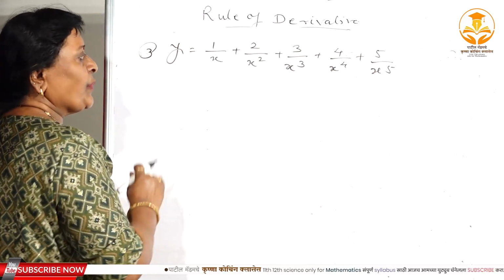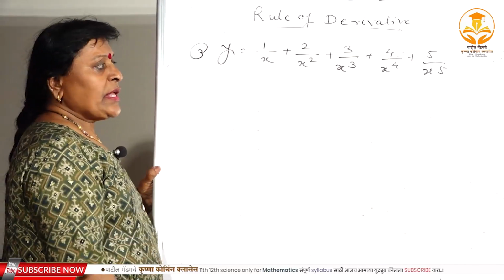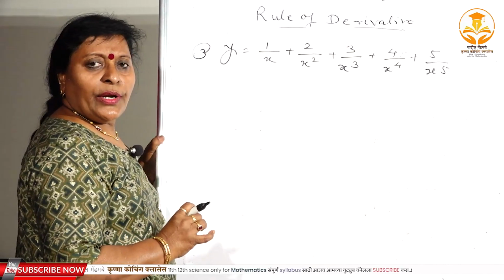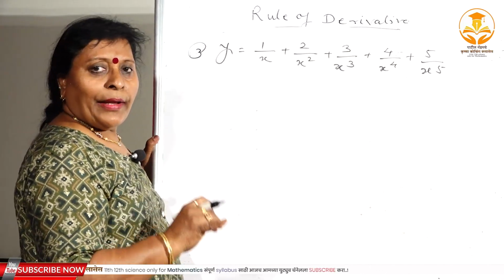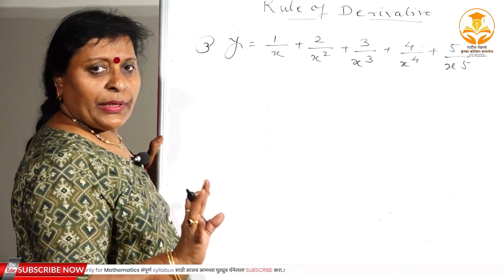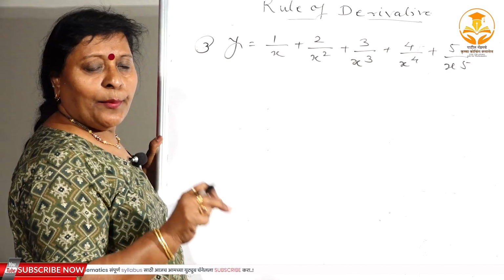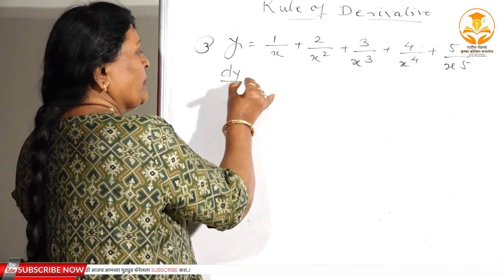Again very simple. Where do you see the power here? Below, in the denominator. So which formula should we use? For 1/x to the power n, what is the formula? Minus n divided by x to the power n plus 1. Remember this: minus n divided by x to the power n plus 1. Say dy by dx.